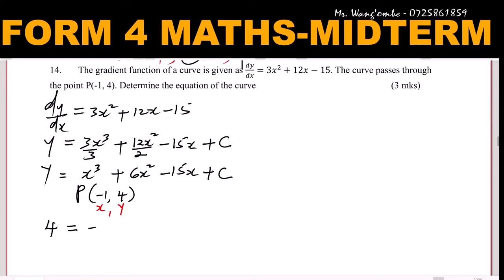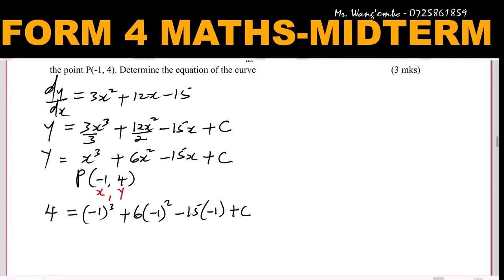X is negative 1 cubed plus 6, x is negative 1 squared, then subtract 15 times negative 1, then plus the constant of integration. So this will give 4 is equal to negative 1 plus 6 plus 15 plus c.